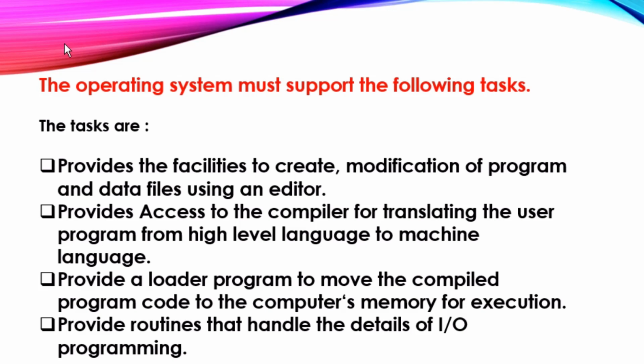It provides access to the compiler for translating the user programs from the high-level language to machine understandable language. It provides a loader program to move the compiled program code to the computer's memory for execution purposes. And lastly, it provides the routines that handle the details of the input-output programming.